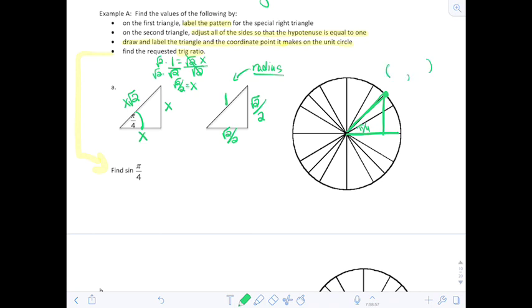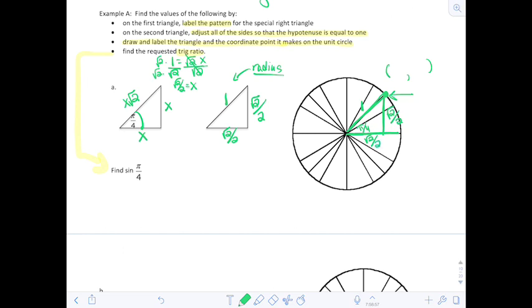We want an ordered pair for that. So let's think about this. Now that we have our unit circle, we know the value of the hypotenuse is 1. And when it's 1, the relationship to x and y is that y is the square root of 2 over 2, and x is the square root of 2 over 2.